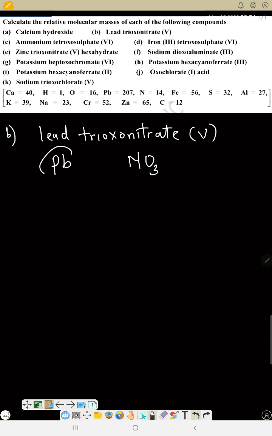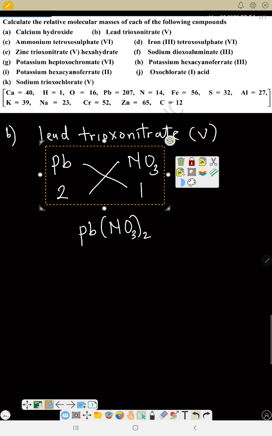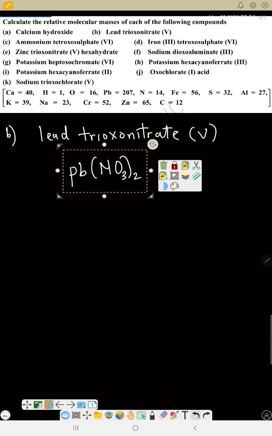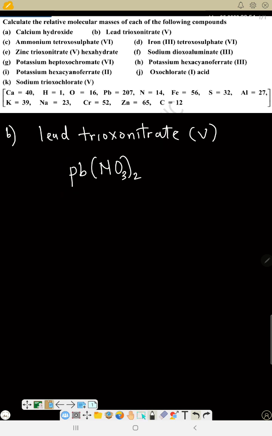I've told you that if the valency of lead is not given in Roman numerals, you use 2 for it. Then nitrate is 1 because it is NO3 minus. So now do your crisscross. So that will be Pb(NO3)2. You need to go and watch the video on how to name with polyatomic ions to understand this part very well. So now this is lead trioxonitrate(V).